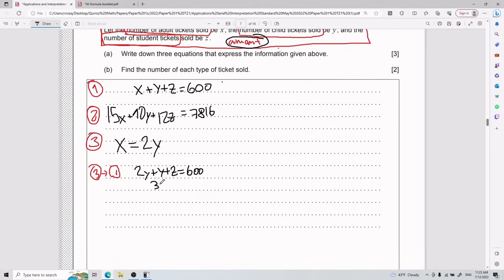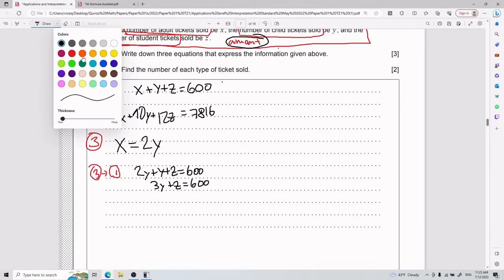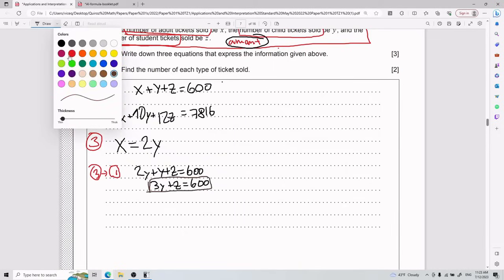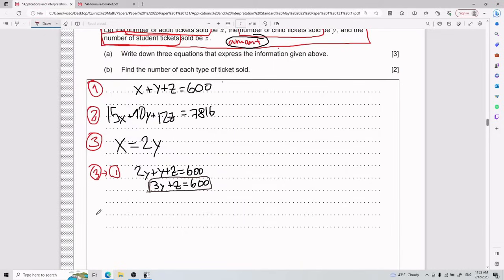So that means that 3y plus z equals 600. All right. The other thing that I would do in line with that is plug in my third one into my second one.